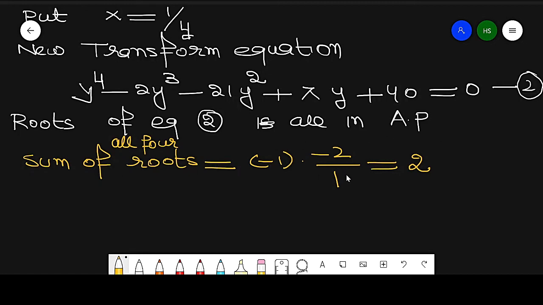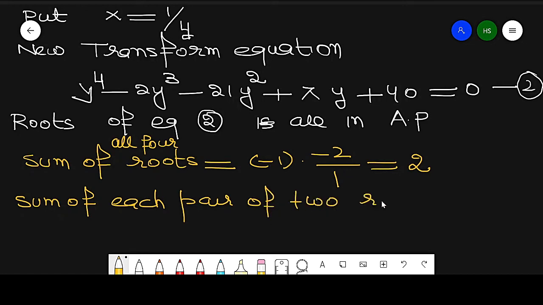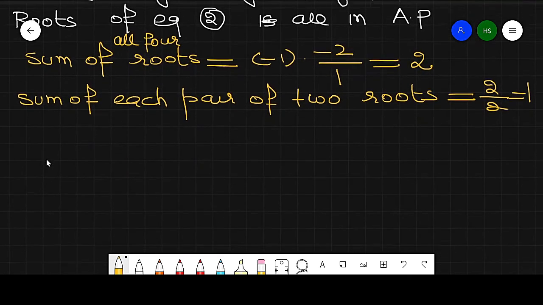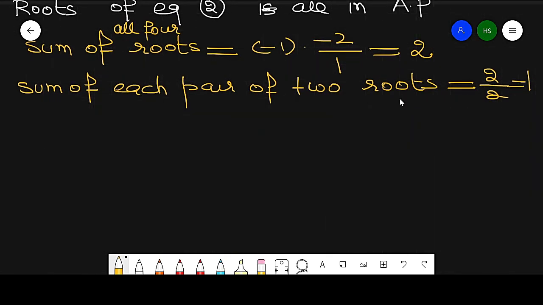The sum of all 4 roots is equal to 2, and the sum of each pair of 2 roots is equal to 2 by 2, which is equal to 1, because in case of AP the sum of 2 roots is equal to the sum of the other 2 roots.